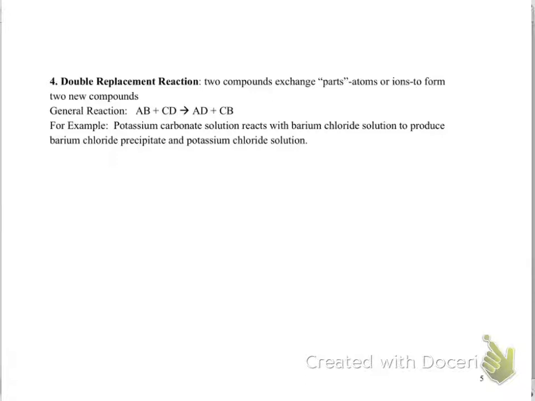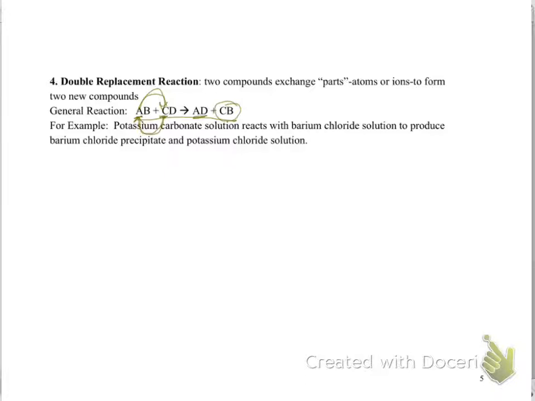If you look at what is happening, A is taking C's place and C is going to A's place. So if I'm replacing A with C, that means I'm making CB. If I'm replacing C with A, then I'm making AD. So that is called double replacement.